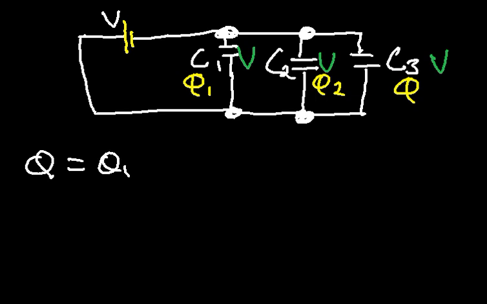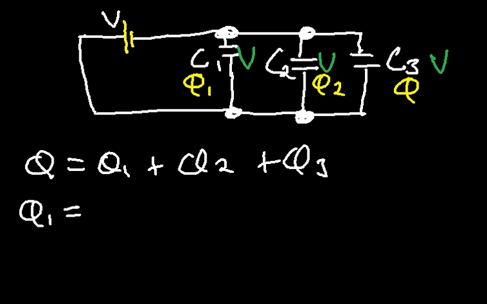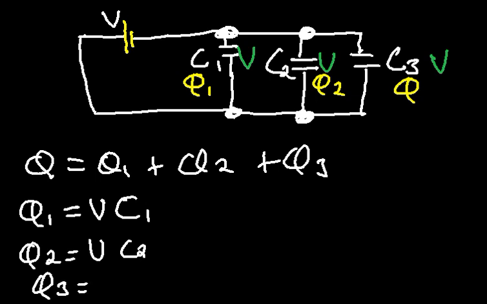We'll have Q1, Q2, and Q3, since each capacitor will store a different charge. Q1 is voltage times capacitance, so we have V times C1, Q2 is V times C2, and Q3 is V times C3.